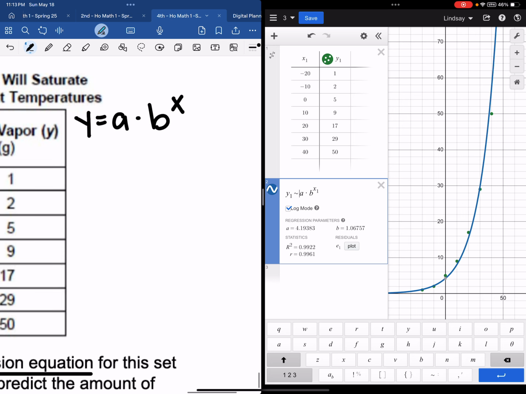And I'm able to say that my A is 4.194, and my base is 0.068.